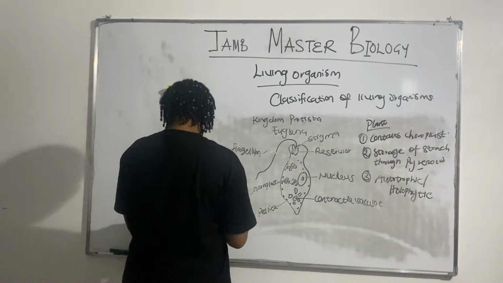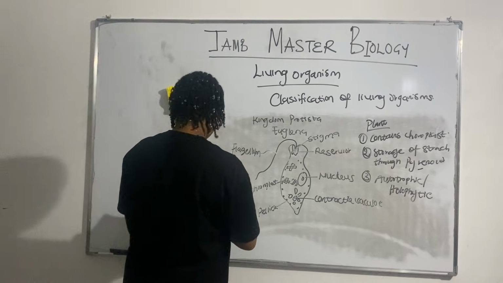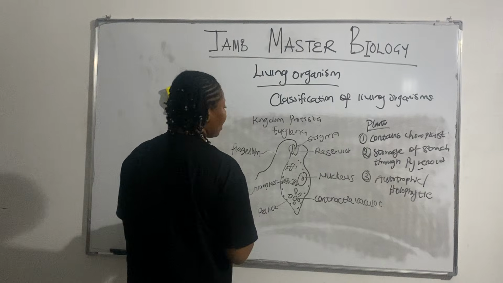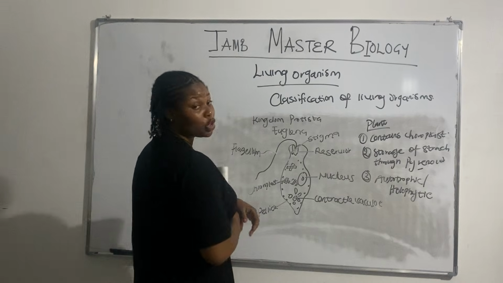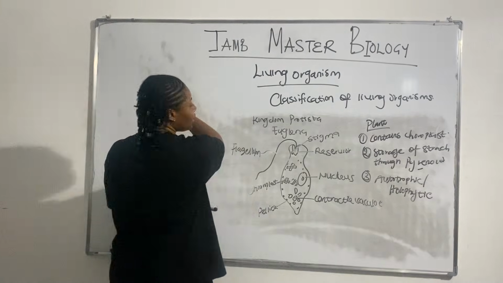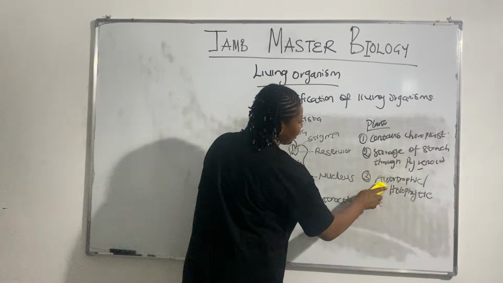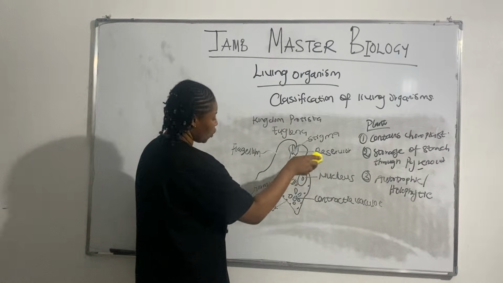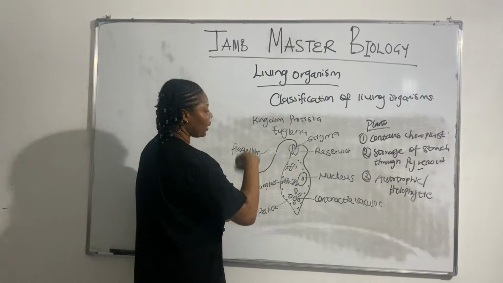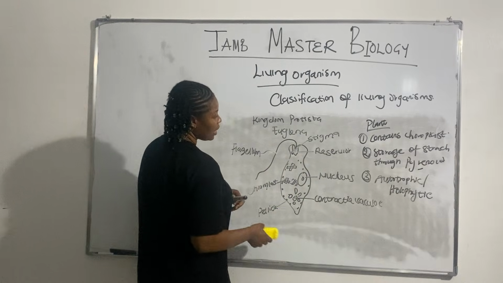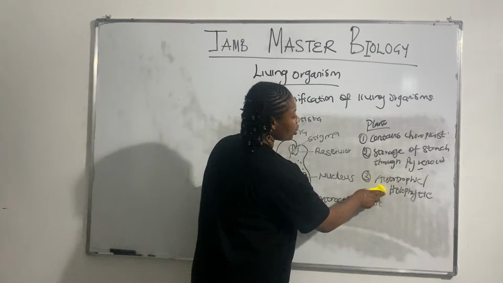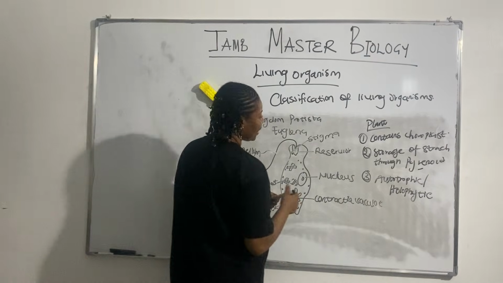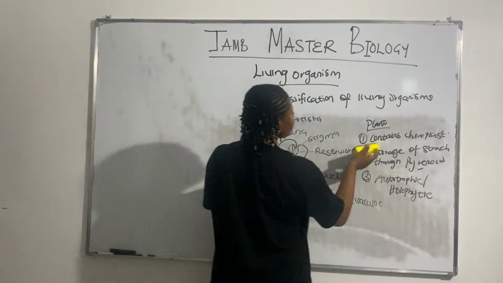And I say that autotrophic means that the organism can manufacture its own food. So euglena can manufacture its own food because it contains chloroplast, which is the green pigment of a plant. And I say that euglena is also a plant and also what? An animal. Now I say that autotrophic nutrition is also called holophytic. So we are going to the animal.